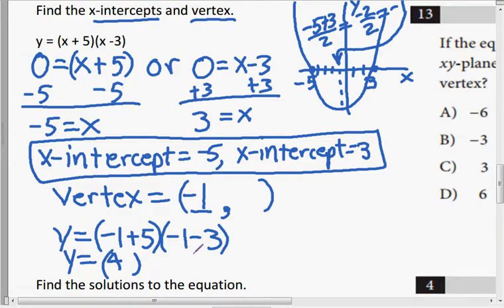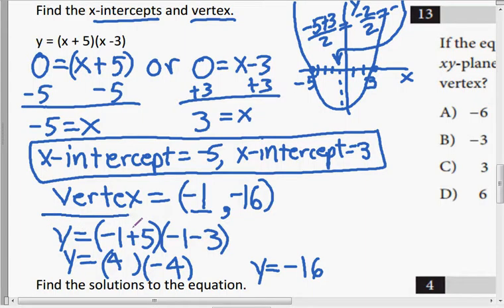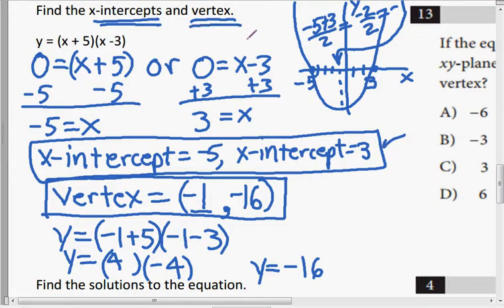Negative 1 minus 3: two negatives, when I add, the answer is going to be negative. I add the numbers, I get negative 4. 4 times negative 4, I know that y equals negative 16. So I can put that in for my vertex, and that's the other part of my answer. I have found the x-intercepts, and I have found the vertex.